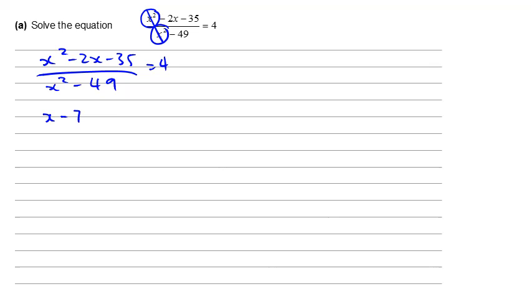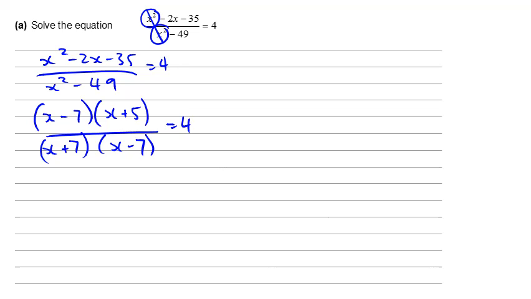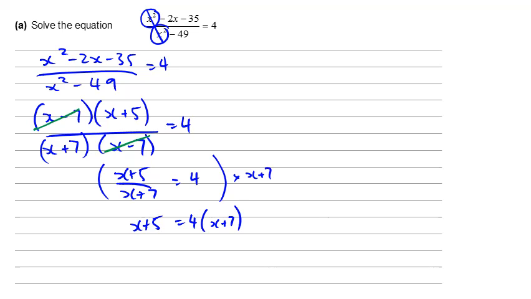So x minus 7, x plus 5, all over x plus 7, x minus 7, all that is equal to 4. I can cancel those two out, which leaves me with x plus 5 over x plus 7 equals 4. Times everything by that fraction, so I get rid of the fraction. x plus 5 equals 4 lots of x plus 7.